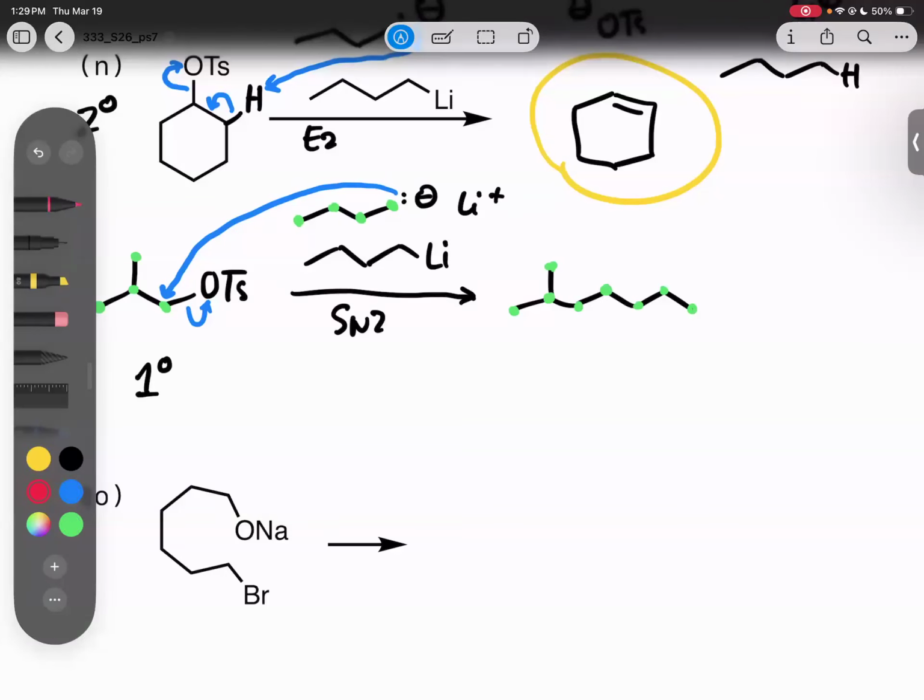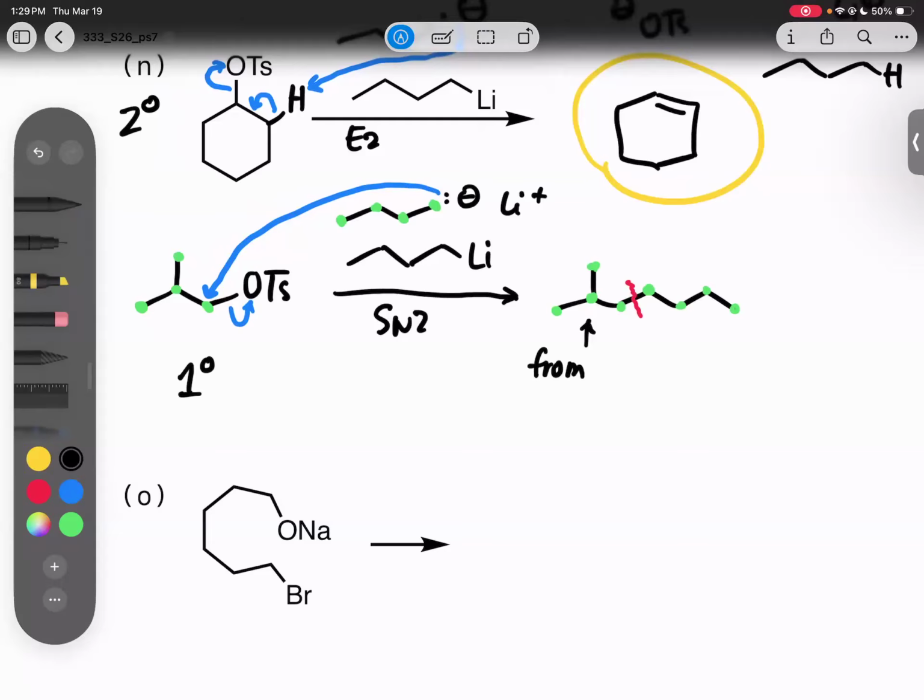Okay, so the bond that we formed is there. That left part is from the substrate.